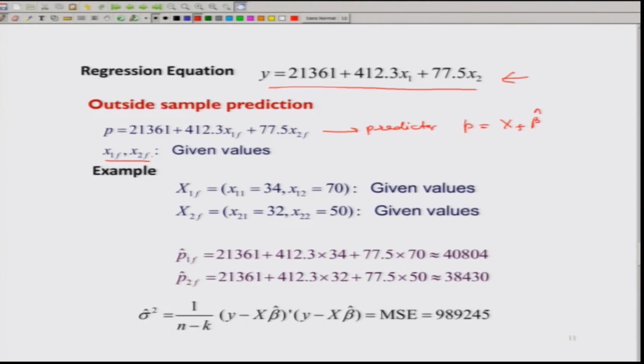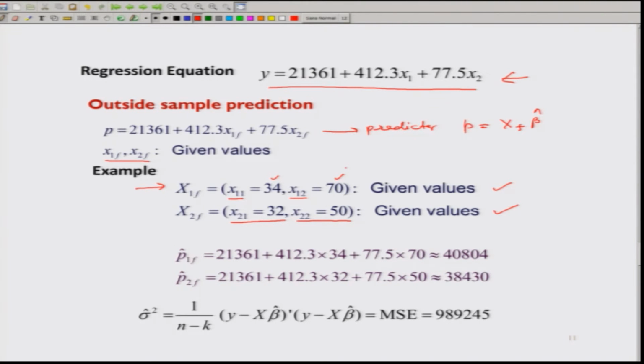Here I consider two sets of values. The first set consists of x11 and x12, and the second set of values for the observation is given by x21 equal to 32 and x22 equal to 50. So, in the first set we want to know the value of y when x1 takes value 34 and x2 takes value 70.